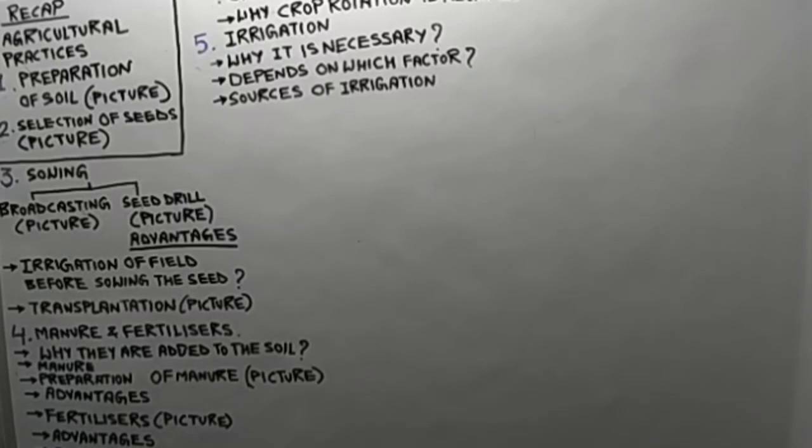Second advantage, it increases the number of friendly microbes. Third one, it improves the texture of soil for better water retention capacity. Fourth point, it adds a lot of organic matter like humus to the soil, which is required for the growth of crops.